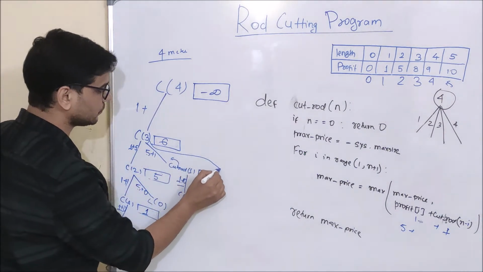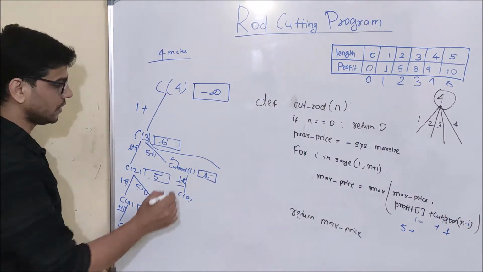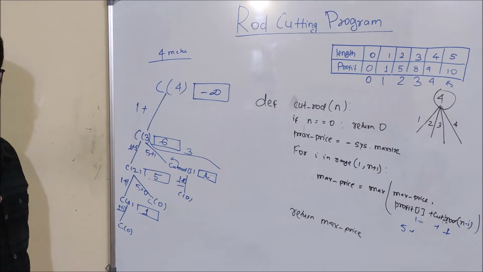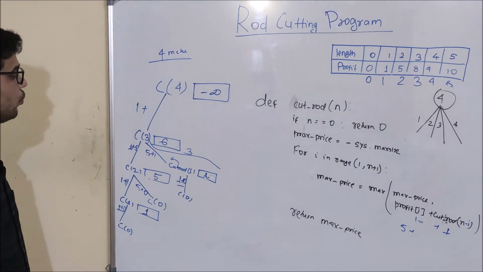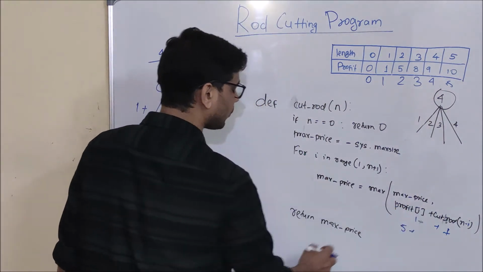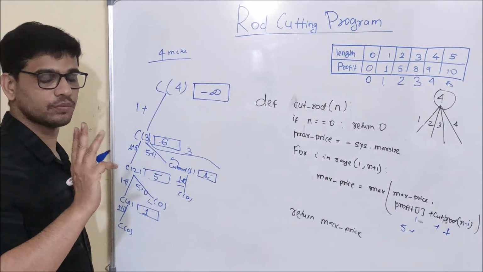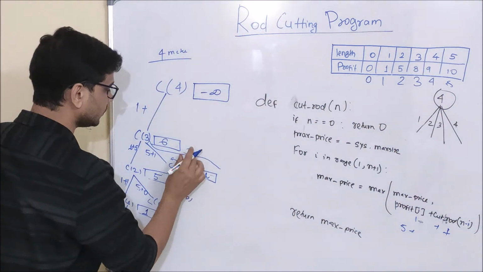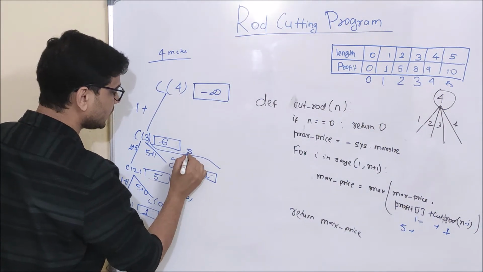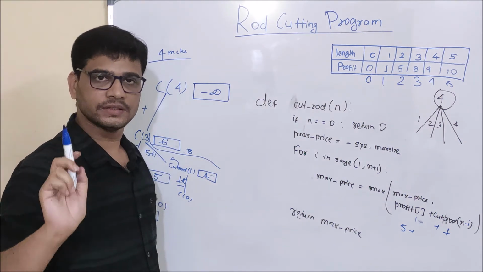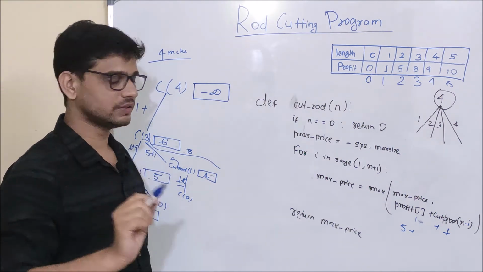Again for cut rod of 3, I am going to make a cut of 3 meter. And when I make a cut of 3 meter, what is going to happen is, here I will have profit of 3, and what is profit of 3? 8. So 8 plus cut rod of n minus i, 3 minus 3.